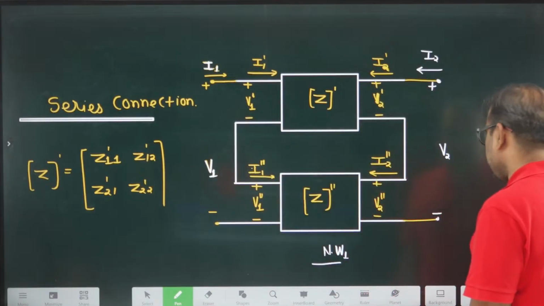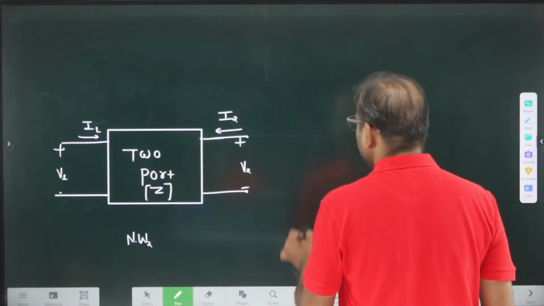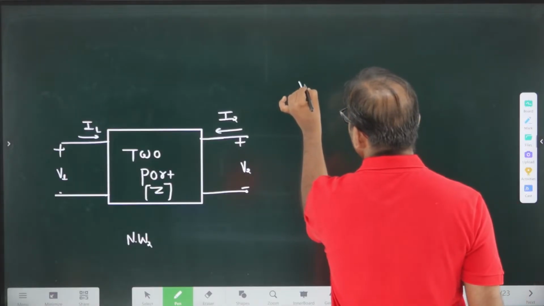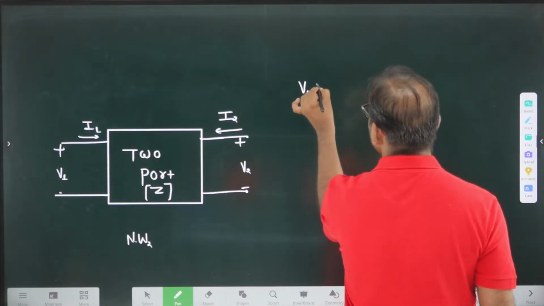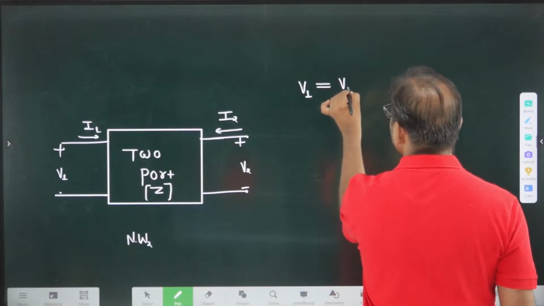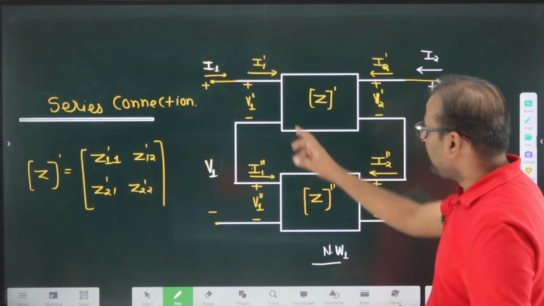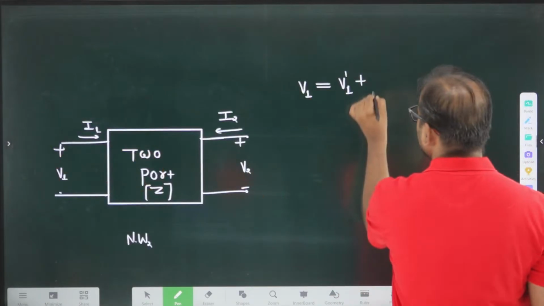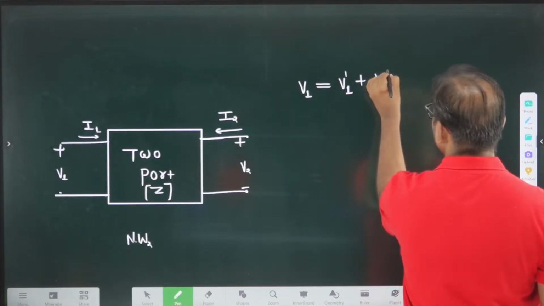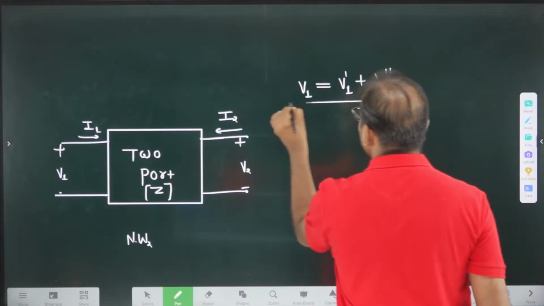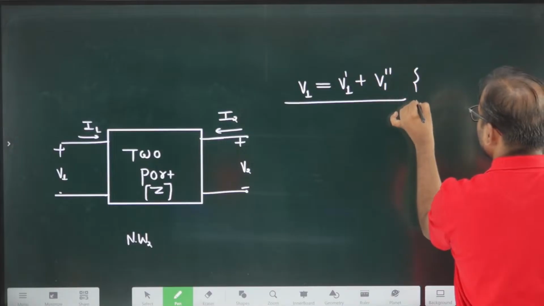Sum of voltages inside a closed loop equal to 0. So can I say V1 can be written as V1 prime plus V1 double prime. This is our first condition. And कहां से लिखा हमने?